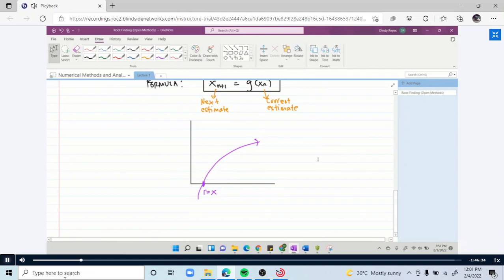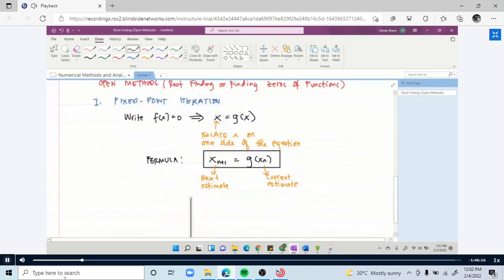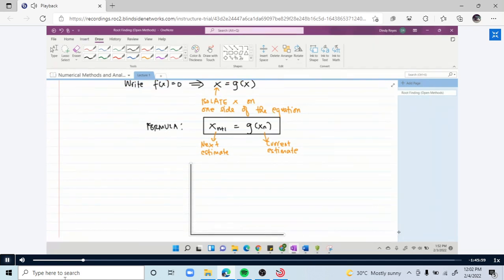Now, for that particular example, we have to write f of x equals 0 in the form x equals g of x, no? And then according to this method, we will be getting the zero of the function by getting the root of this equation, no?